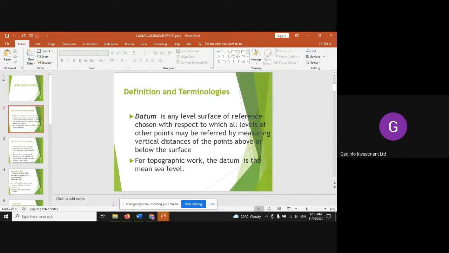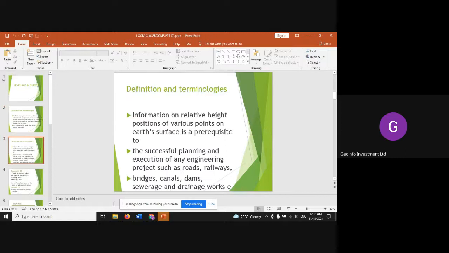Now, that is one of the terminologies we use in leveling, that is the datum. Then we also move on to see other terminologies we normally use in leveling. The other one is benchmark. What is benchmark? Shiundu.